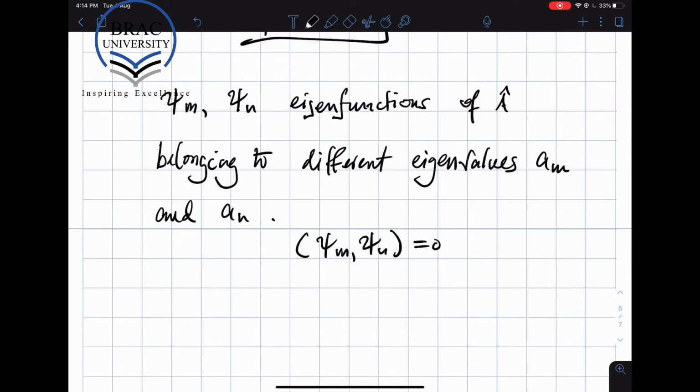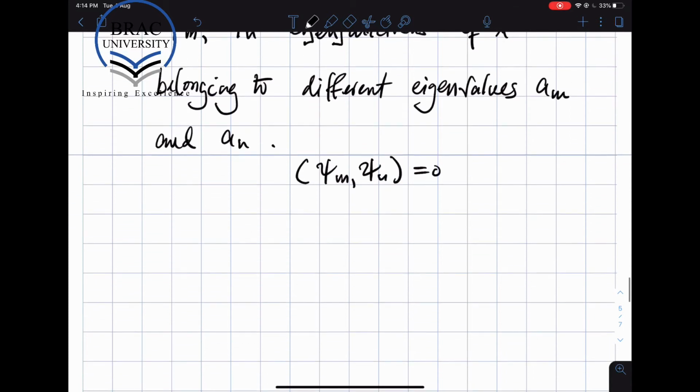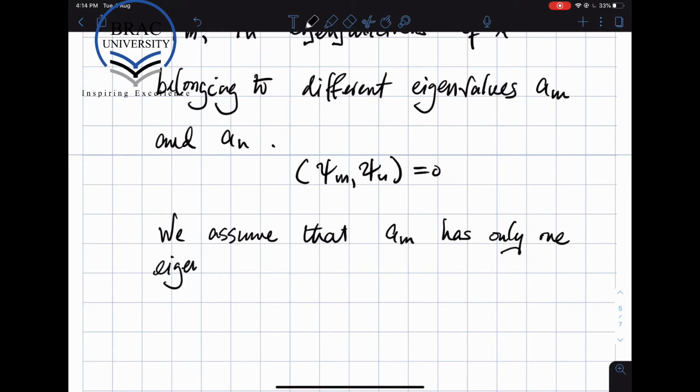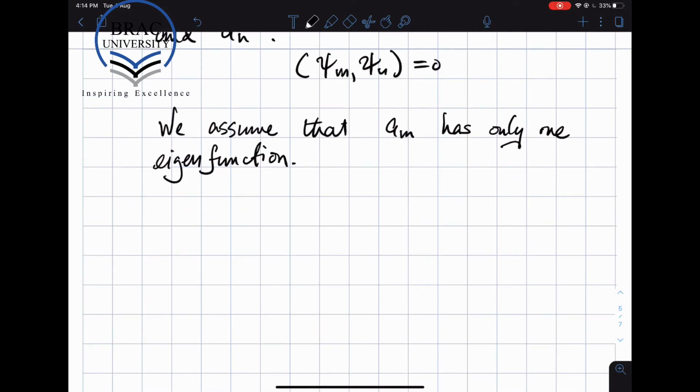So how do we show this? First, we assume that a_m has only one eigenfunction. Now let's prove this.